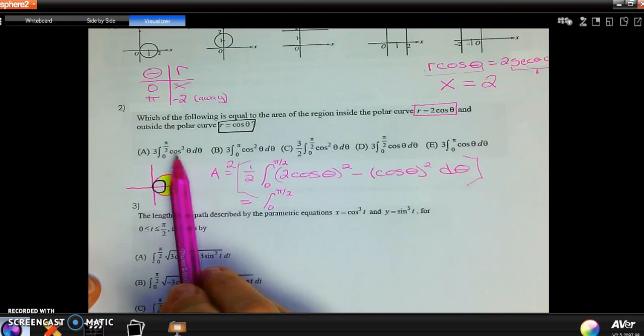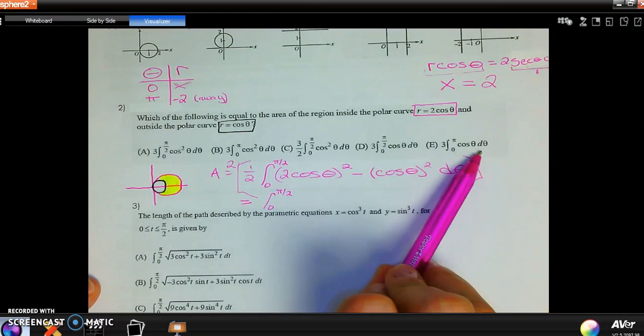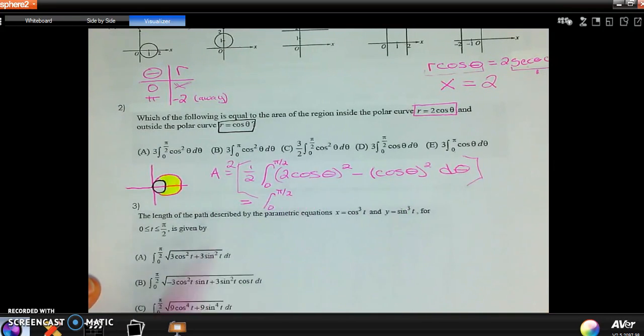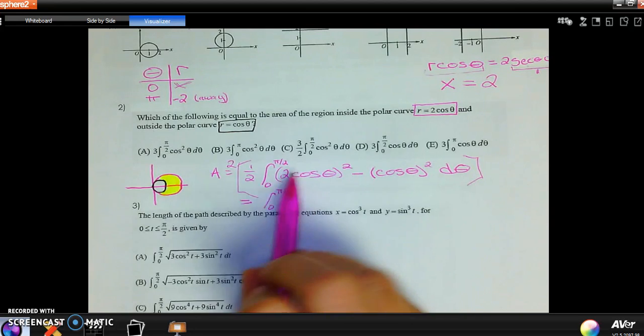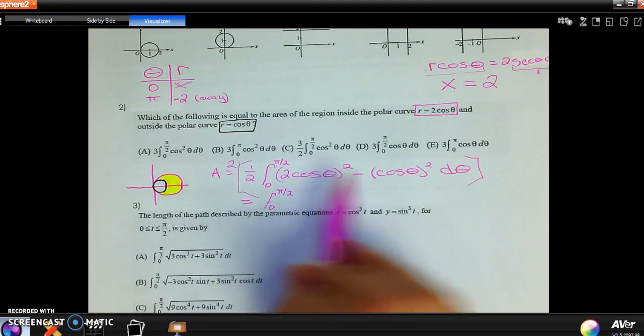And then I look, though, and I immediately notice in my answer choices that there's not this kind of setup. So that means that I need to do a little extra work algebraically to simplify this. So when you simplify that, remember this squared has to go to the 2 and the cos.